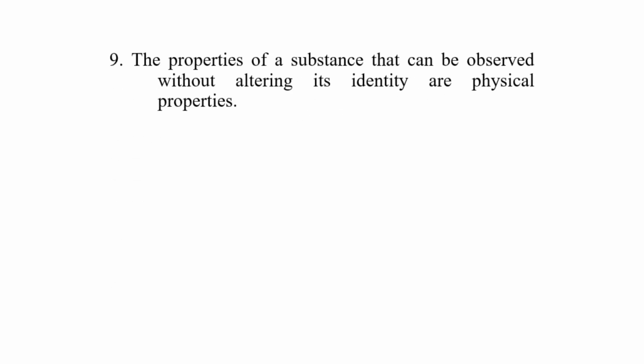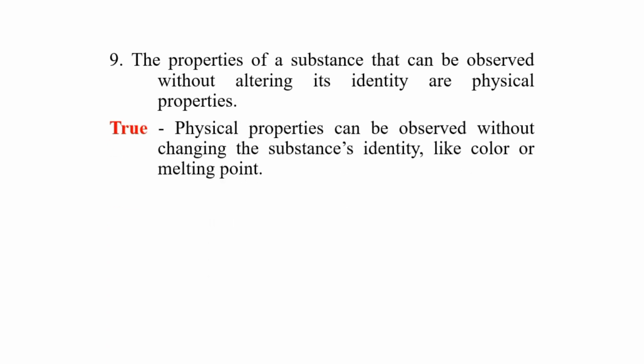Question number 9. The properties of a substance that can be observed without altering its identity are physical properties. The answer is true. Physical properties can be observed without changing the substance's identity, like color or melting point.